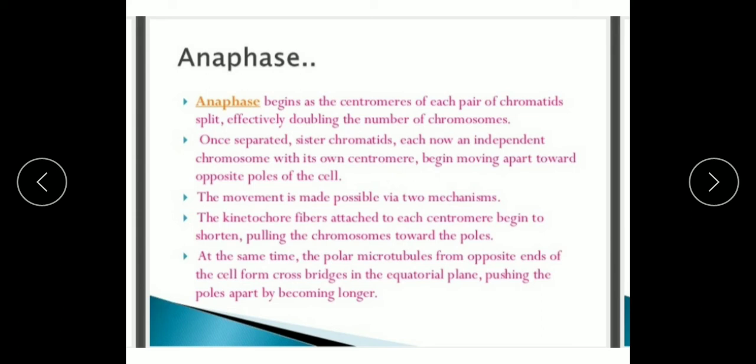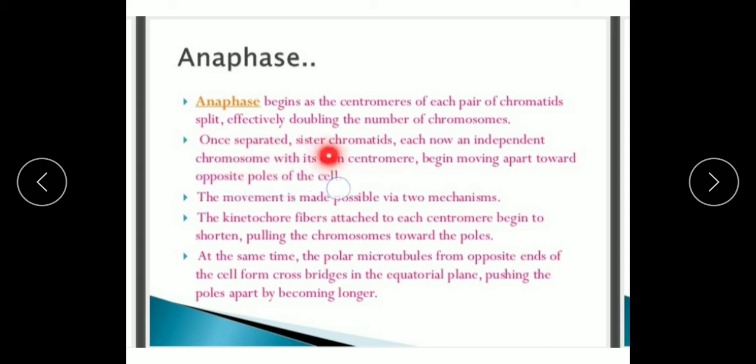Each split centromere has a chromatid, effectively doubling the number of chromosomes. In the anaphase stage, the number of chromosomes doubles due to the splitting of the chromosomes.